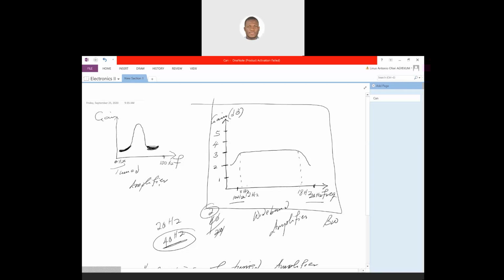So that is why we term it a wideband amplifier. The fundamental difference is that for a wideband amplifier, the gain remains constant for a wide range of frequencies. And for the tuned amplifier, because we initially defined it as an amplifier used for selective amplification, it is able to have the gain constant at only low frequencies and high frequencies, okay?